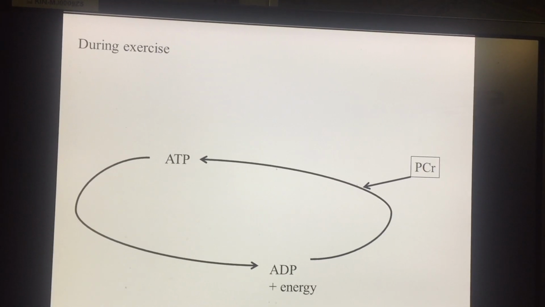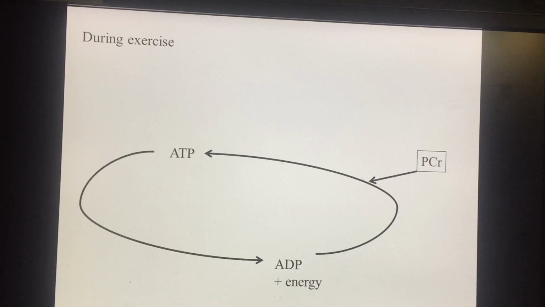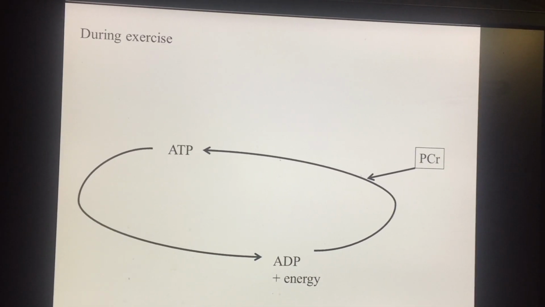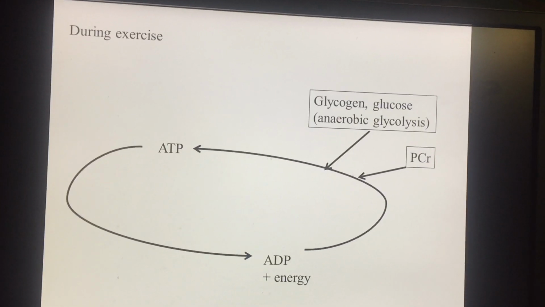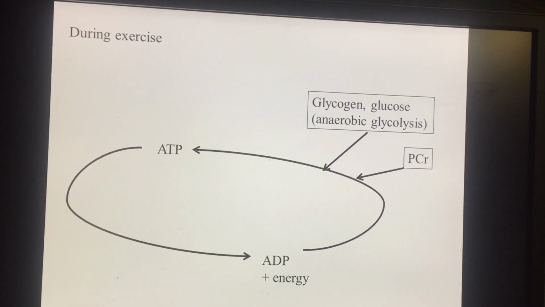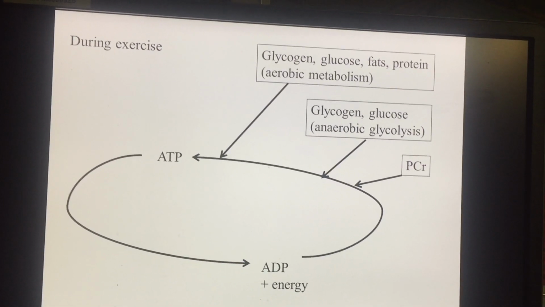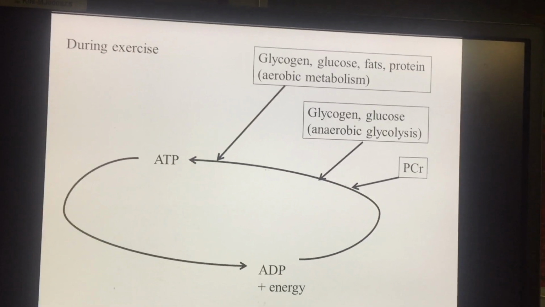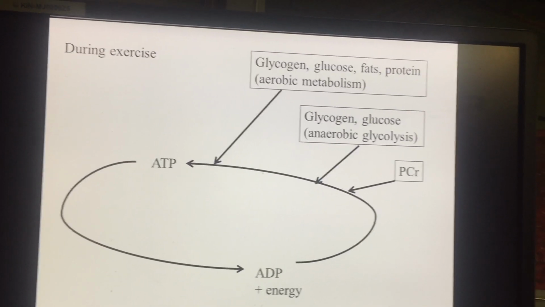Phosphocreatine is involved in an energy system called the immediate energy system. So something that you'd use during an exercise that only lasts a few seconds. You can also have glycogen or glucose come in here and be broken down to help resynthesize that ATP. And finally, you can have glycogen, glucose, fats, or proteins coming in through the process of aerobic metabolism to resynthesize that ATP.